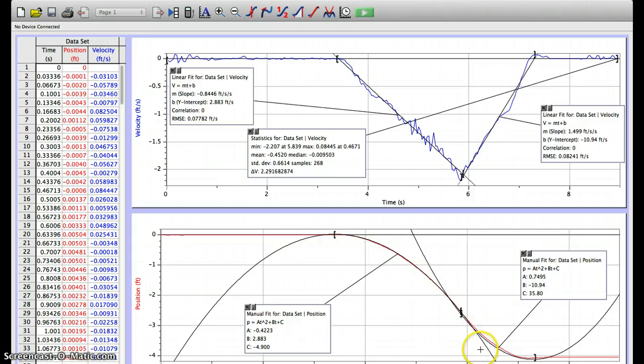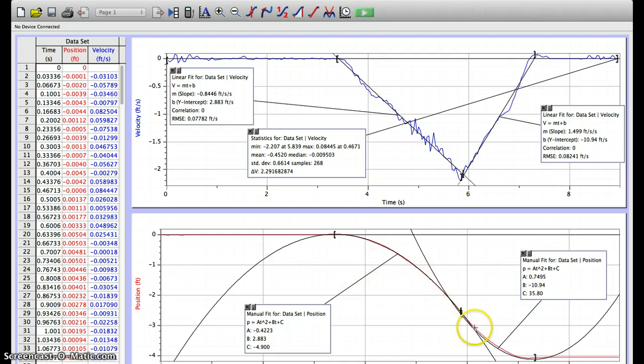Right here, for the curve where the car is speeding up, we found the slope from the velocity-time graph when it was speeding up, which is negative 0.8446, divided by 2, which gives us our A value, negative 0.4223. Our B value is the same as the y-intercept value, which is 2.883, and our C value is negative 4.9 to fit the curve.